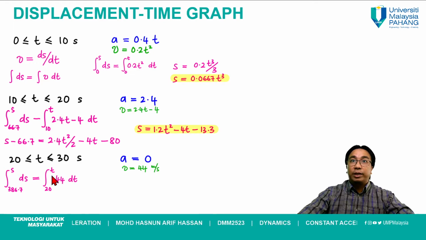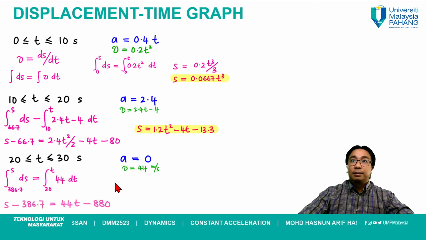So from 20 to T, you punya integration, you akan dapat S minus 386.7, yang ni daripada left hand side, and then 44 integrate akan dapat 44T, then you substitute T dapat 44T, minus you substitute 20 dalam ni, you akan dapat minus 880.